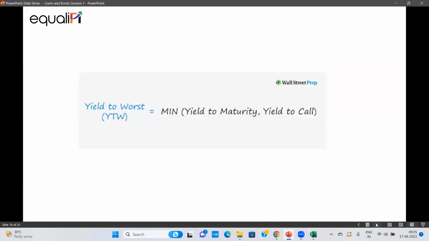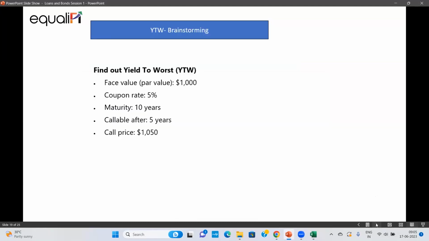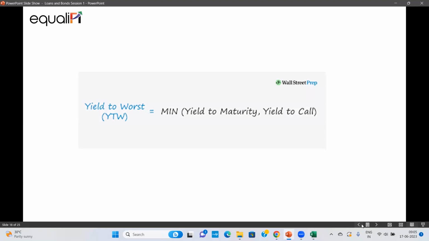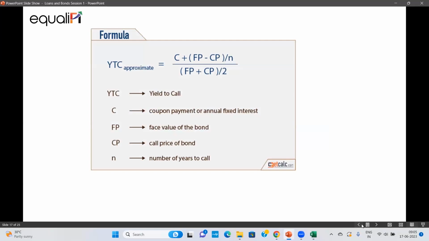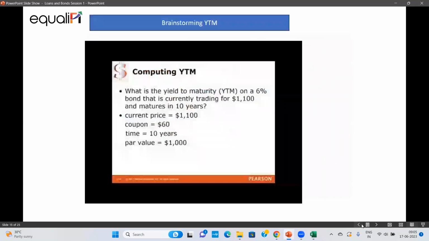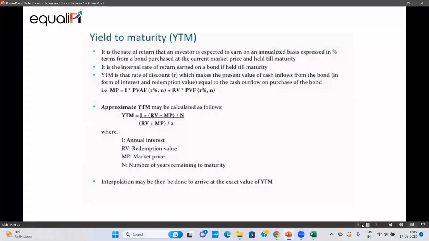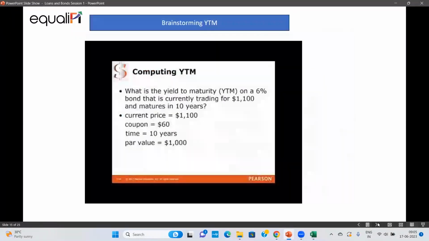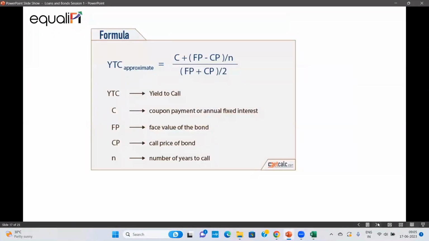And this is yield to worst, that is the minimum of yield to maturity and yield to call. Now, this is a problem where we have to find out two things: one is yield to call and the other is yield to maturity. The yield to call formula is this. Yield to maturity, we have seen the formula for how to calculate. And then I am going to calculate yield to worst.